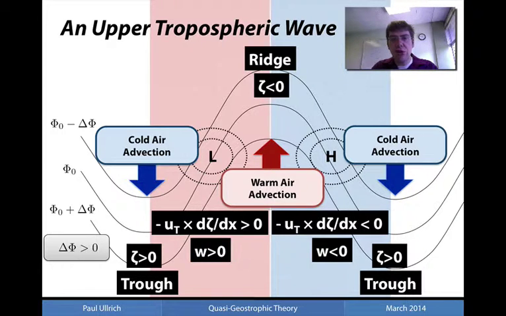So this result then emerges from the quasi-geostrophic omega equation, which we use to relate the omega, or vertical pressure velocity, to the advection of relative vorticity by the thermal wind. Recall that the thermal wind here has a positive zonal component at all locations, corresponding to eastward motion within the wave itself.